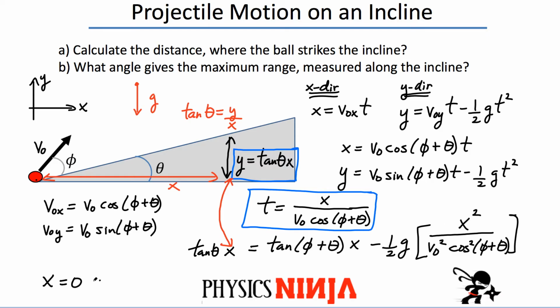And that's just because that's the launch point, when the ball is directly on the surface, right at the launch point. Actually, what we want is the other one, after it goes up for a while and then comes back down. This is the other solution that we're looking for. There are actually two solutions to this equation because it's a quadratic equation. So let's go ahead on the other page now and solve for the other solution to this equation.